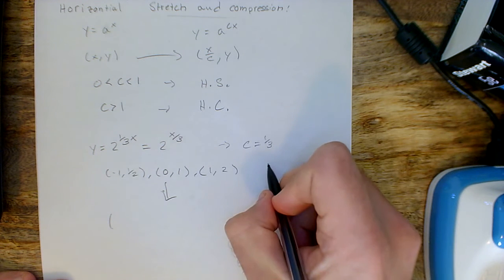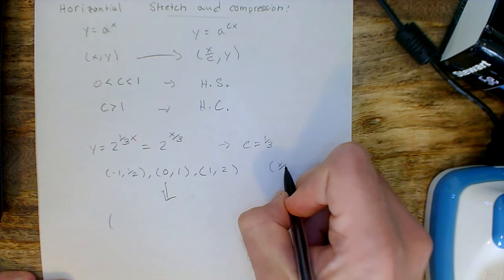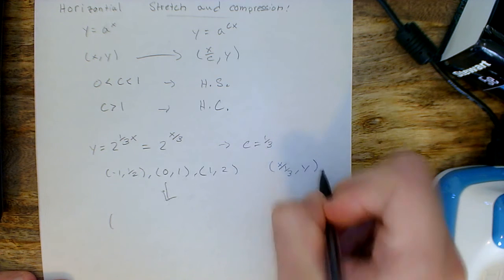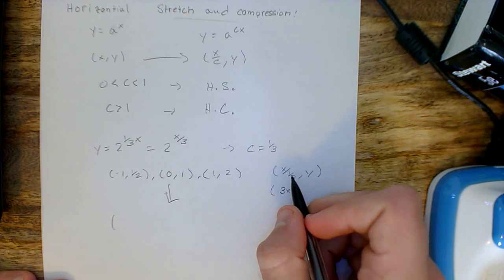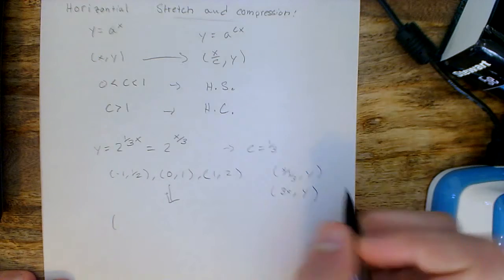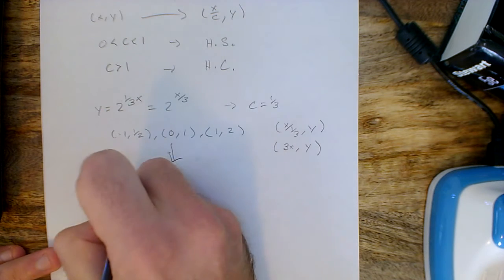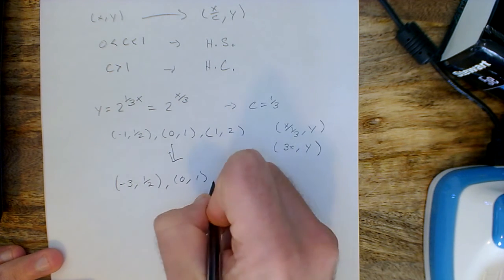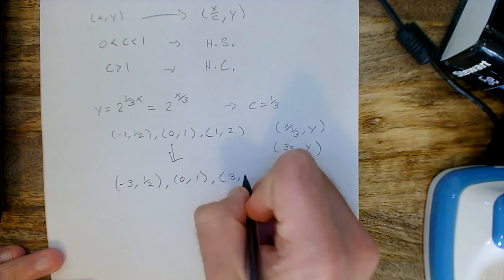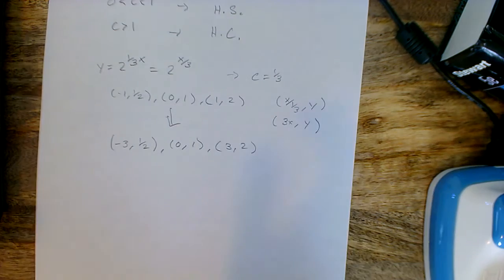So I need to do x over 1/3 comma y. When you divide by a fraction, you multiply by its reciprocal, so 3x comma y. Okay, so this is -3 comma 1/2, 0 comma 1, and 3 comma 2. So it stretches the graph horizontally.